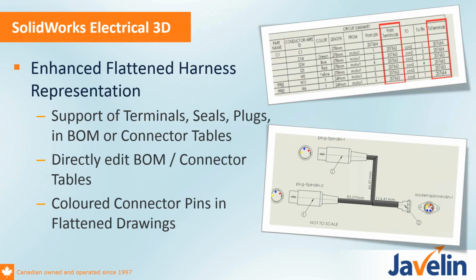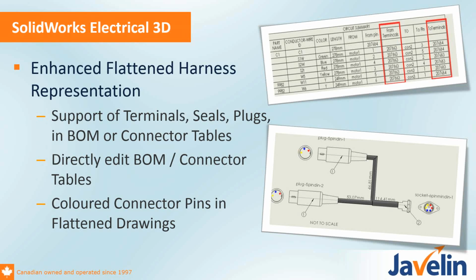And of course, in the 3D section, enhanced flattened harness. It is the single most amazing feature I've seen in 2014, I would say. My favorite is because you can just do a simple schematic, click a button, route it, and you can have a flattened drawing all automatically created, which is just amazing, along with the summary of the circuit.